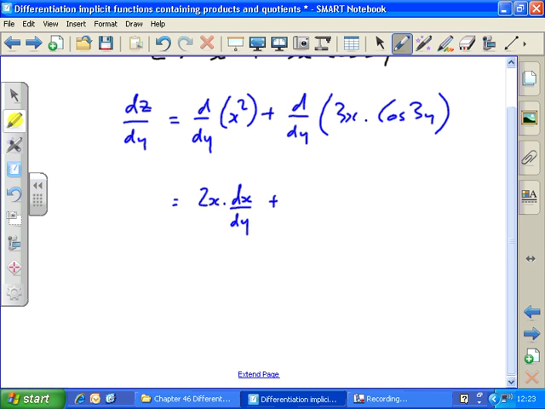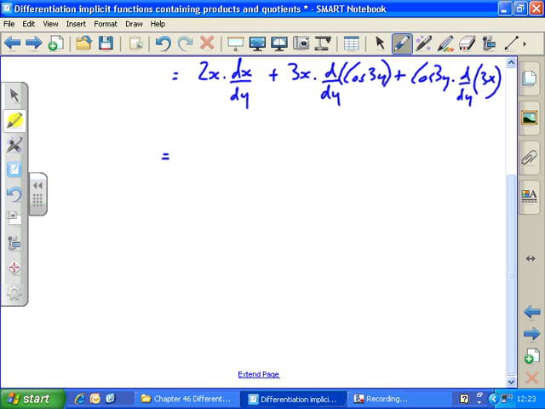So this is going to be the first part times the differential of the second with respect to y plus the second part times the differential of the first part. And this equals 2x dx dy plus 3x.